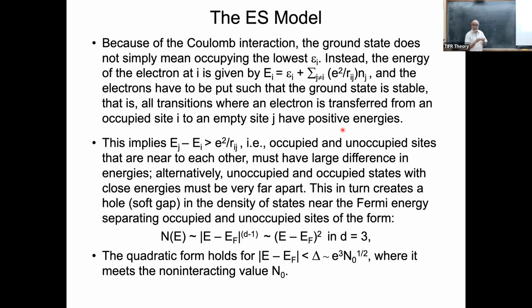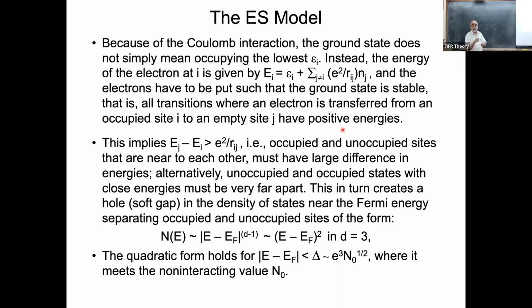And if that's the case, what it says is that if two sites are very close by, their energies have to be very far apart. The occupied one and the unoccupied one had better have energies that are quite far apart. That means you can't have too many states close to the Fermi level, because if you have constant density of states, then there are lots of states with energies very close to the Fermi level.